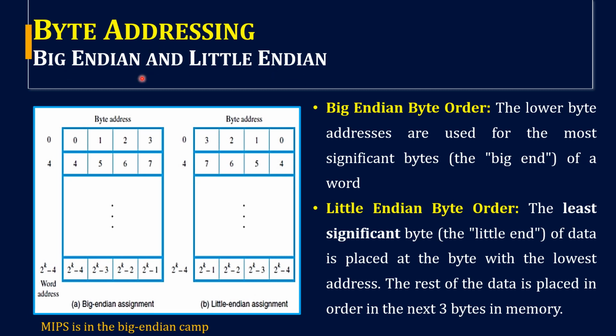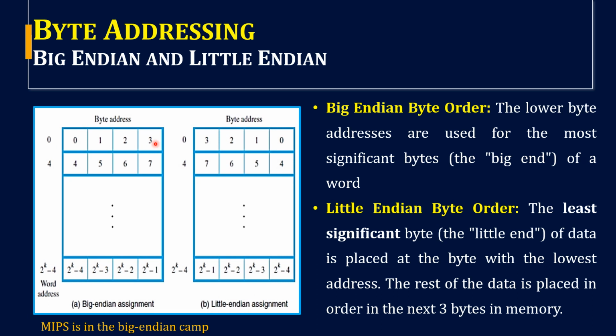To represent a 32-bit word, we need 4 bytes, right? 4 into 8 is equal to 32. The successive words are stored in locations that are multiples of 4: 0, 4, 8, 12, 16, etc.